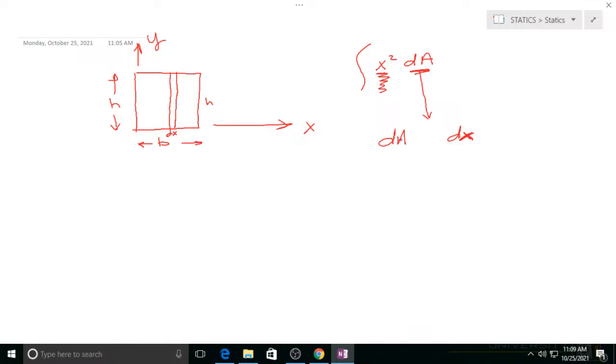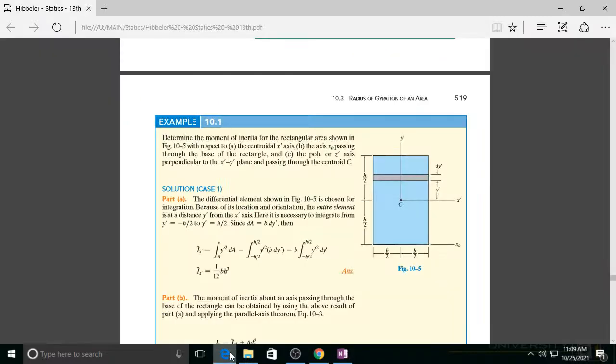In his particular case, dx is equal to that. And he might do that, I don't know. And we go from 0 to b. Let's make sure that, wait a minute, which one was it? That one. Oh, he did the y first.